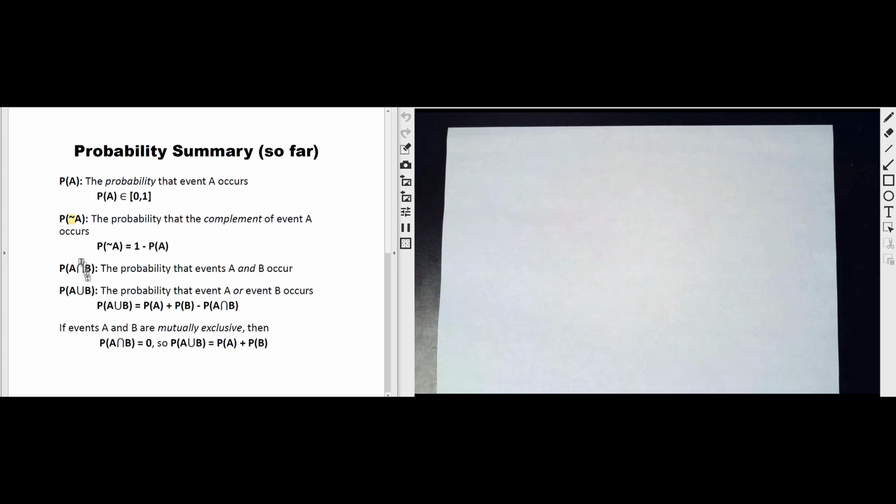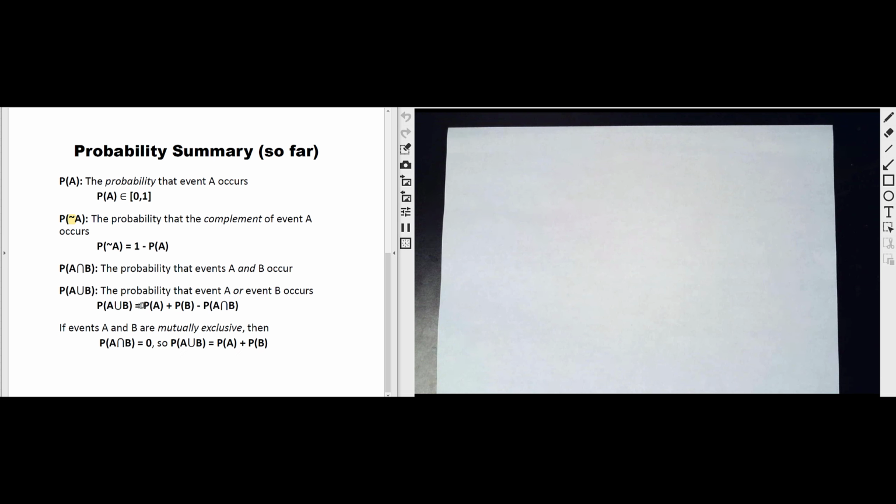We use the set intersection symbol with events. Here we're describing the probability that both event A and event B occur. And with the union symbol, we're specifying the probability that the event A or the event B occurs.